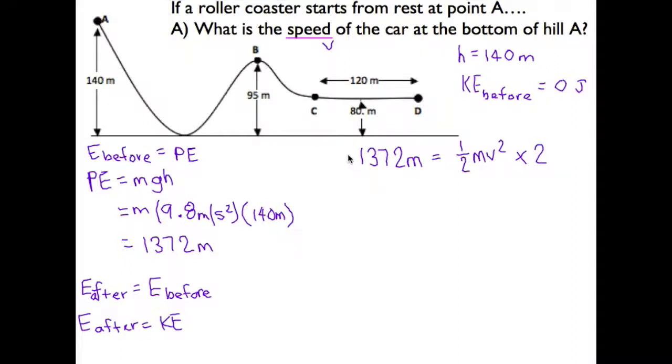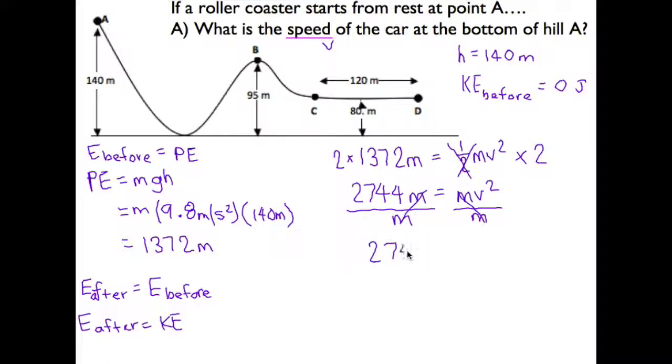If you multiply both sides by 2, you can get rid of the 1/2. And you have 2744 m, sorry, and then you have mv squared. Now we can divide both sides by m, and we can get rid of that pesky m that we didn't know, and I told you we'd get rid of it.